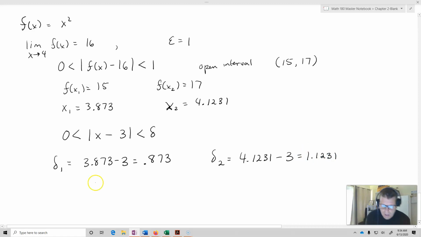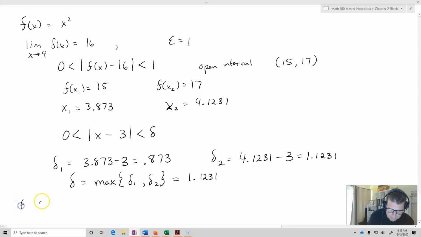Now we actually have two different deltas, so it matters that we want the max of delta 1 and delta 2, whichever one's bigger, the maximum. So delta equals the max of those two. It'll equal 1.1231. So that's what our delta is. If epsilon equals 1, then delta equals 1.1231.